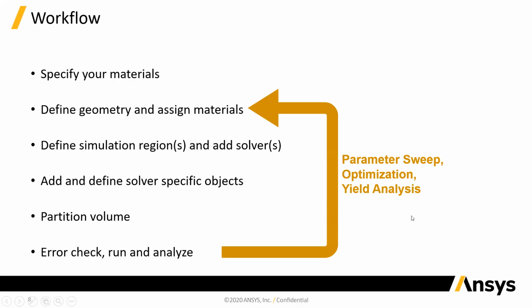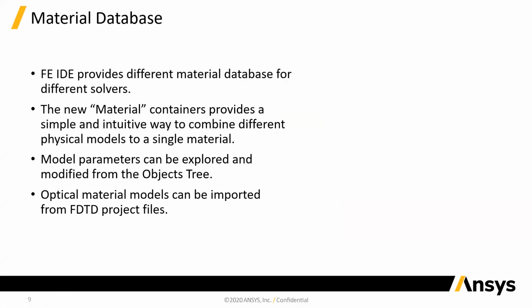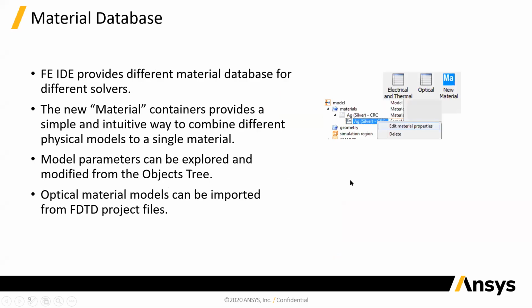Talking about the material database, as I mentioned, because it has multiple solvers, it gives you different material databases. When you go to the material database, you pick a particular material database, and then you can choose to add different materials to your objects tree. Only the materials that you add to your object tree are available for your simulation.